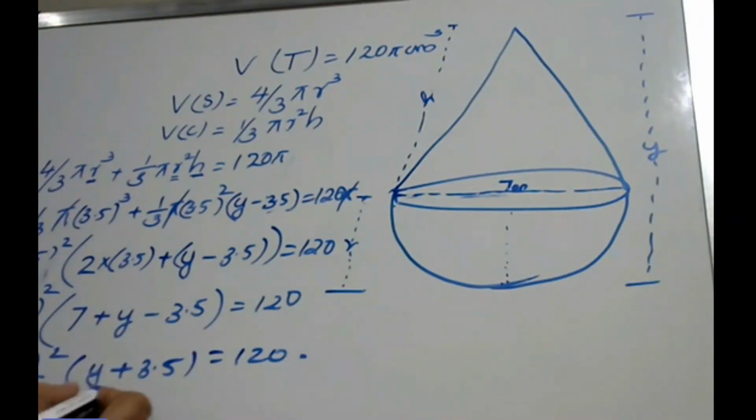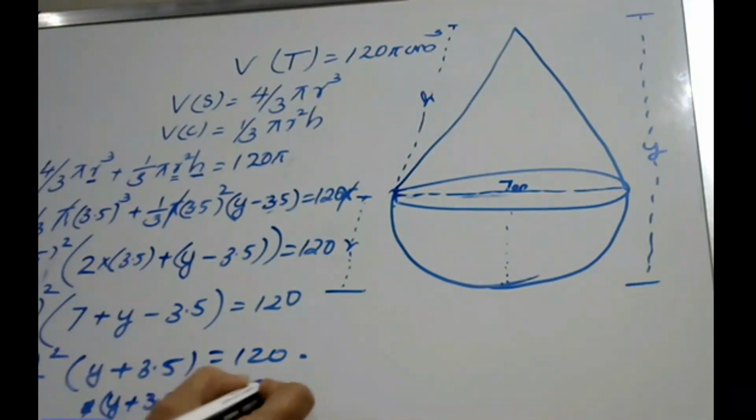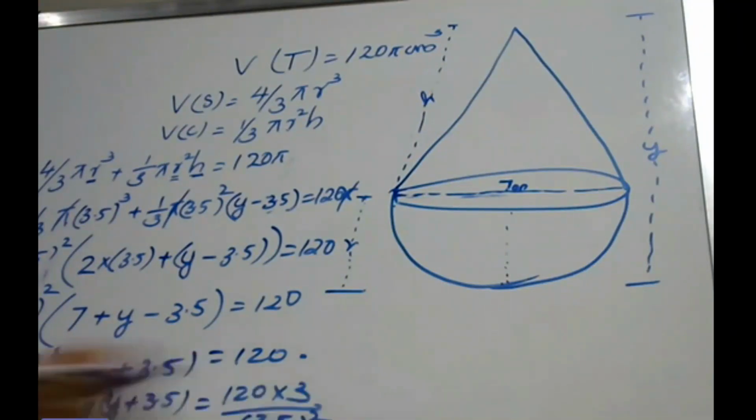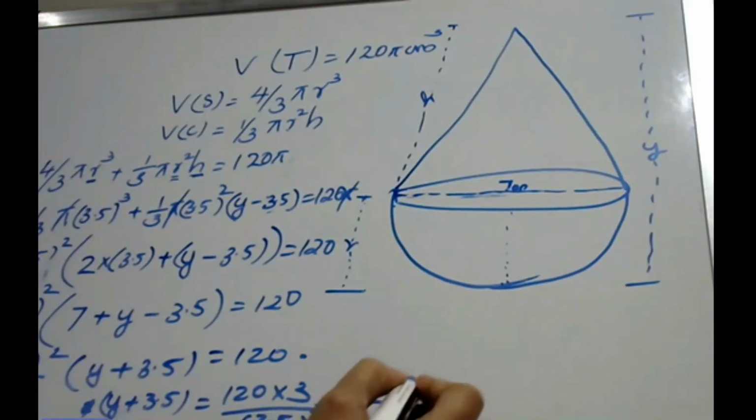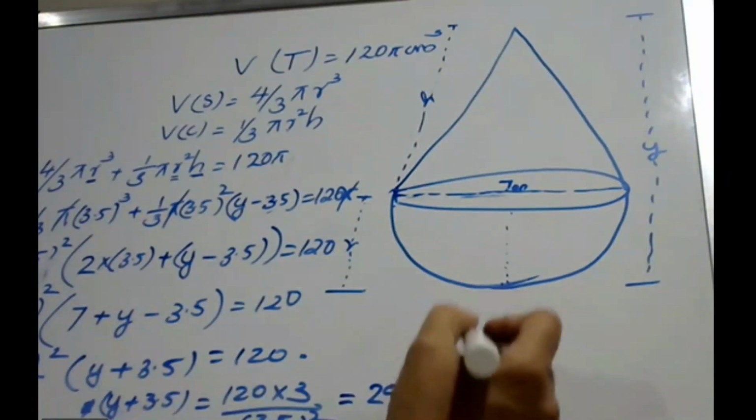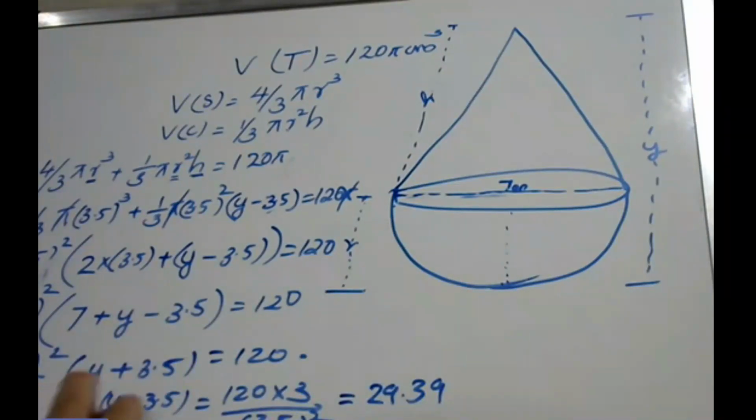This is y plus 3.5 is equal to 120 times 3 over 3.5 square. So here you will get this as 29.39. Therefore, y plus 3.5 is equal to 29.39.